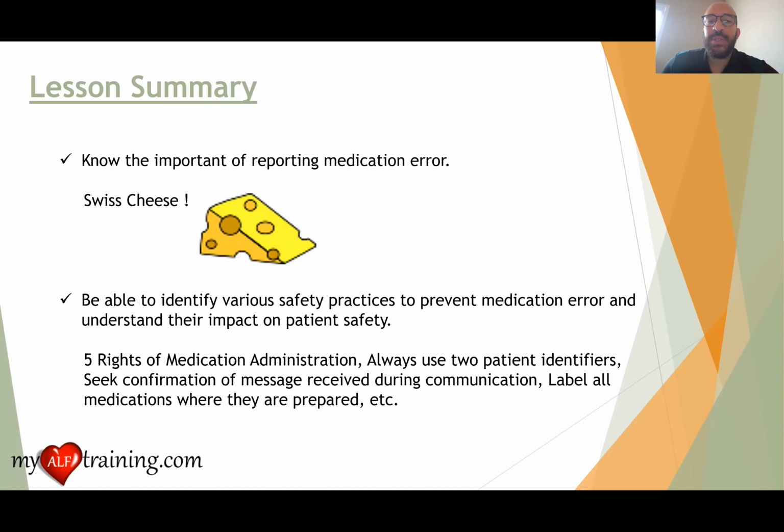So, like I said, make sure you talk to your manager and understand what type of safe reporting system they have that encourages workers to report errors. Because at the end of the day, we know that reporting errors reduces medication errors and patient fatalities by medication errors. So we want to feel safe reporting them because we have an ethical responsibility to the patient to make sure that we report these medication errors to keep them safe.